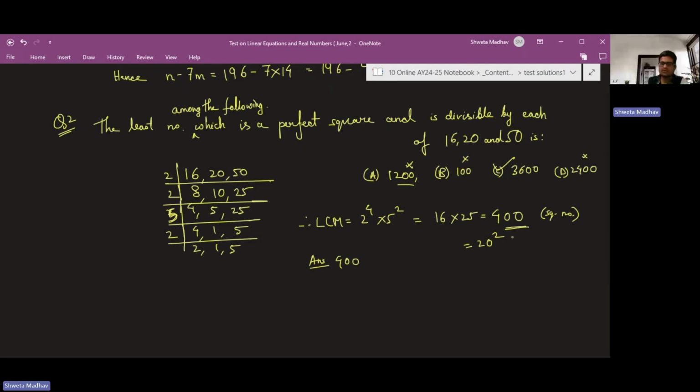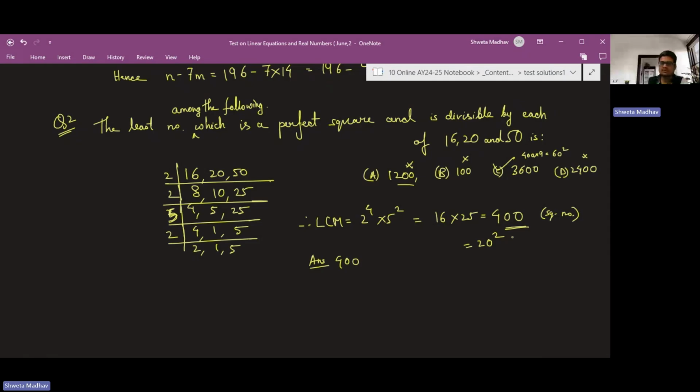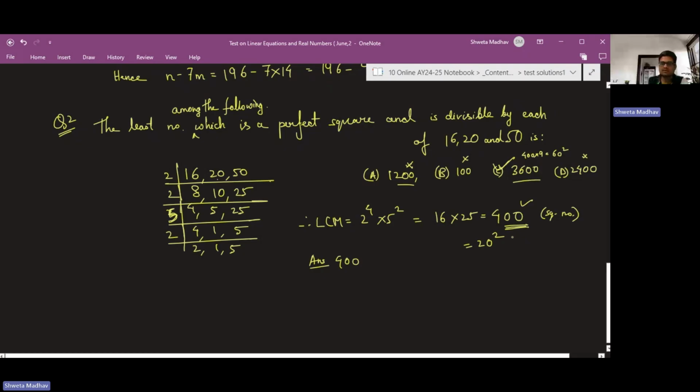So hence, 3600, I can say it is 400 into 9. So I can say it is 60 square. So it is a perfect square and it is divisible by 400. So hence, 3600 will be divisible by 16, 20, and 50.